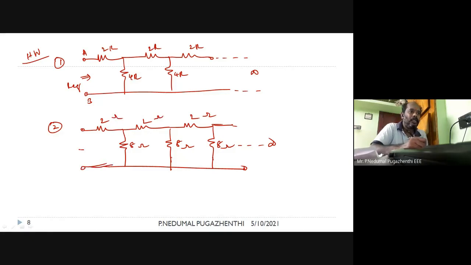Now find the R equivalent. Everybody in the class, please note down these 2 problems and submit them before 6 o'clock. Do it cautiously, then try to submit it.